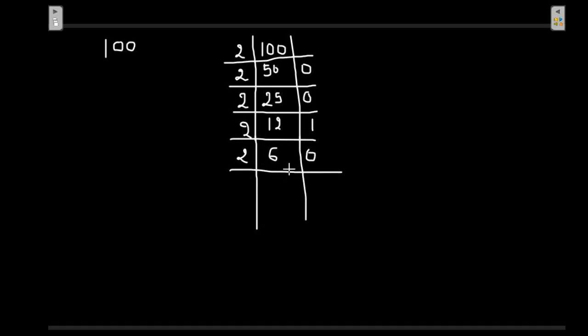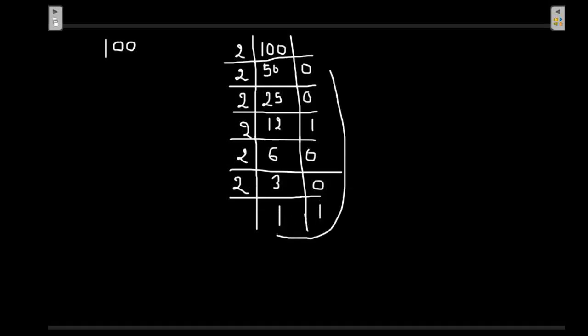Again in the same fashion, we get 3, and 6 is exactly divisible by 2, so we get 0 over here. And finally 2, since 2 is less than 3 and 2 plus 1 equals 3, here will be 1 and here will be 1 also.